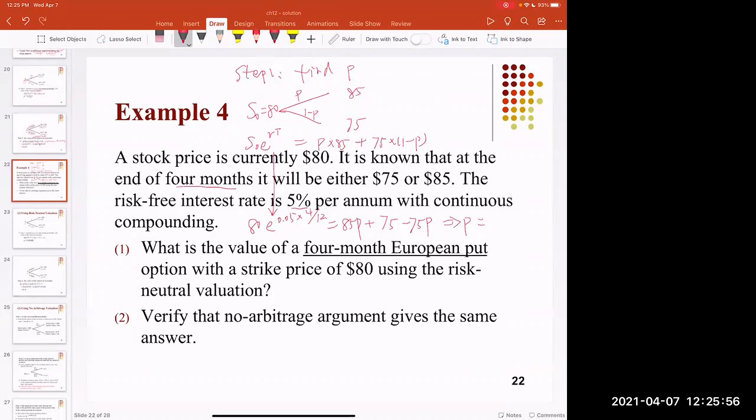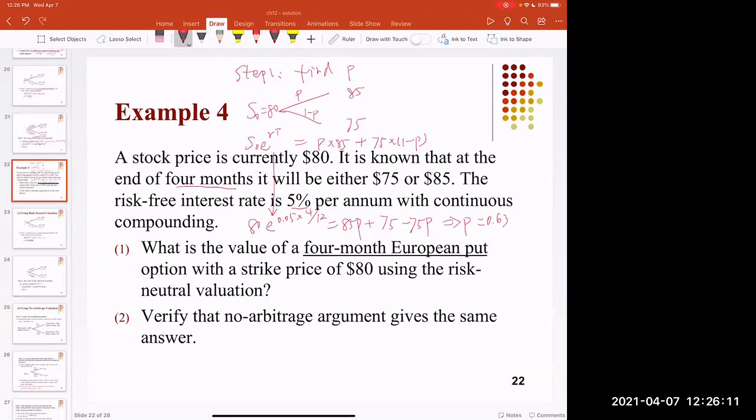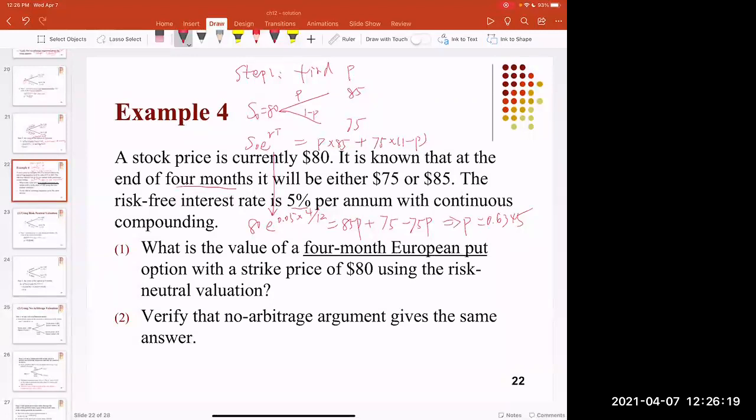Can you keep 5 decimals? One more decimal. 0.63445. So if you keep 1 more decimal, it's 0.6345. If you didn't find this answer, please double check. You can get the same number.